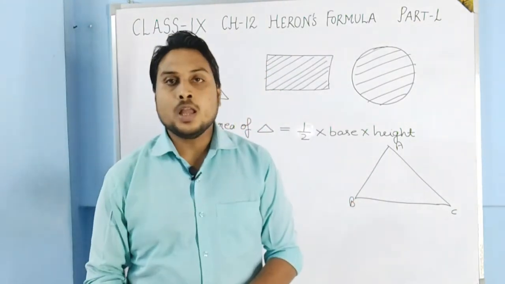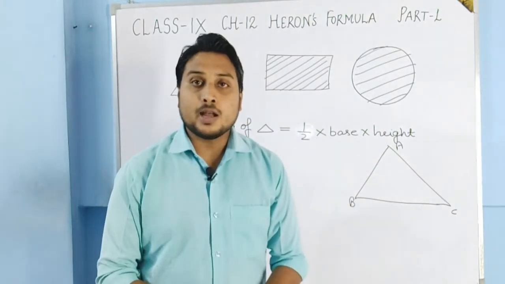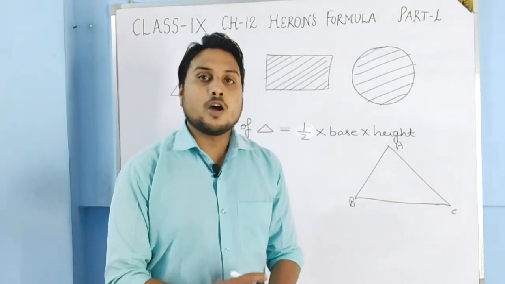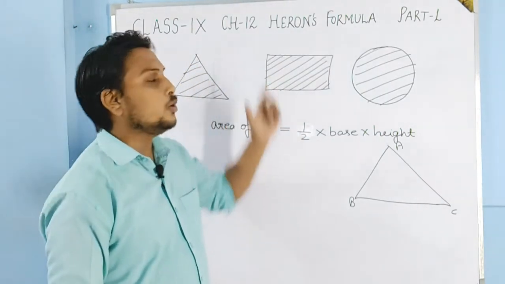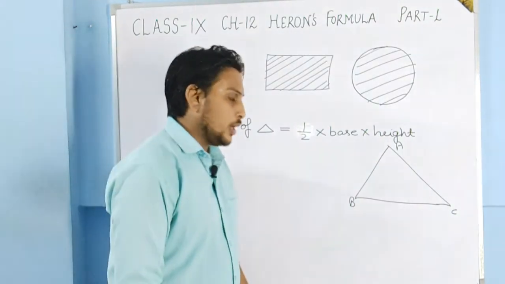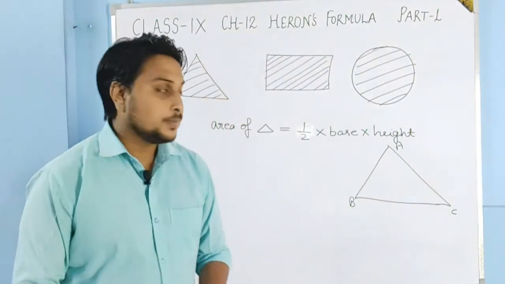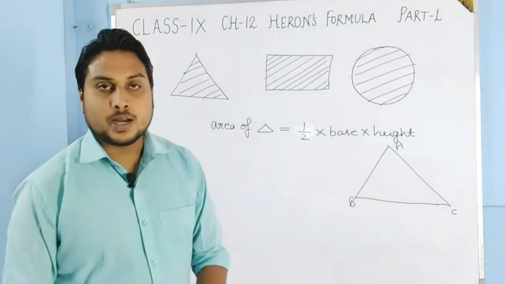We can apply this formula only when the height is given. But if height is not given, how can we find the area of the triangle? For this we will use Heron's formula. What is Heron's formula? I will tell you. Firstly, let us see the formulae of some types of triangle.